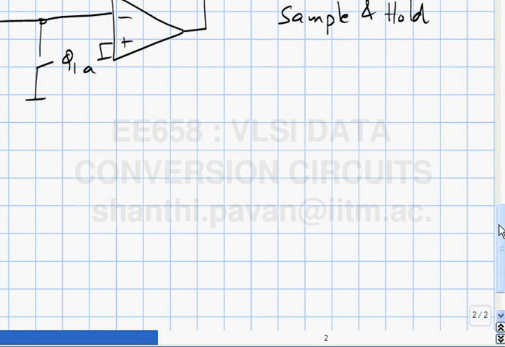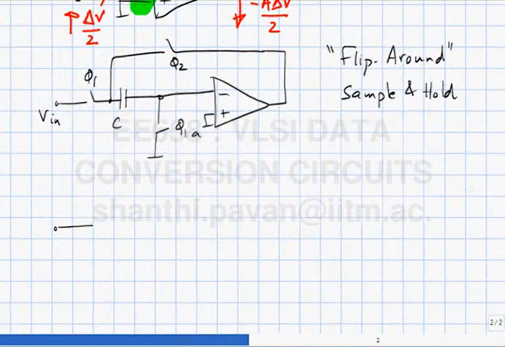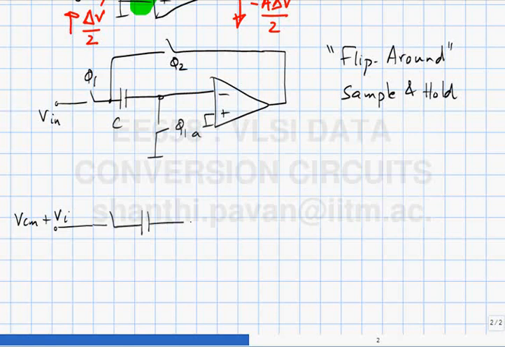Let's talk about the sampling first. What would I do? If I have a differential input signal, what does it mean? I have two inputs, one which is VCM, let me call the common mode VCM, plus VI, and the other VCM minus VI.